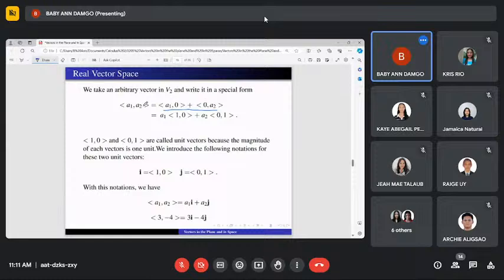And then this other vector, we also factor out a sub 2, so we have 0, 1.